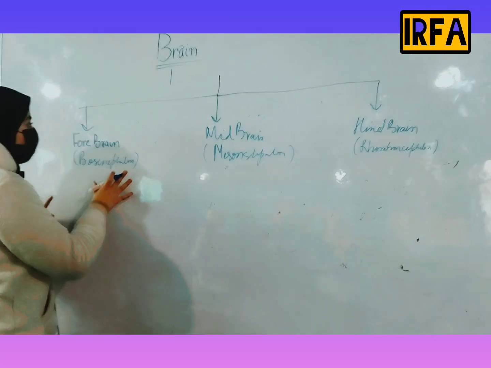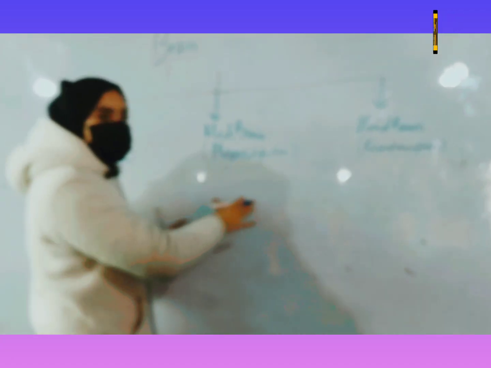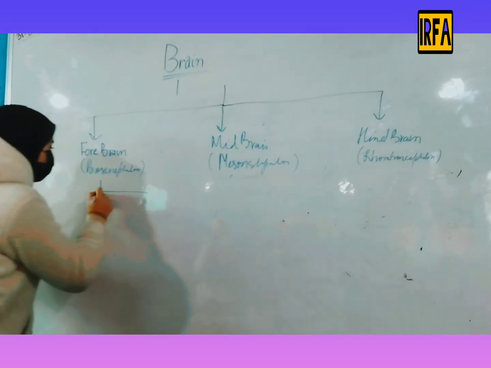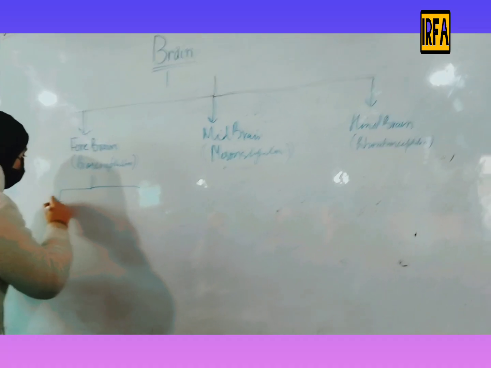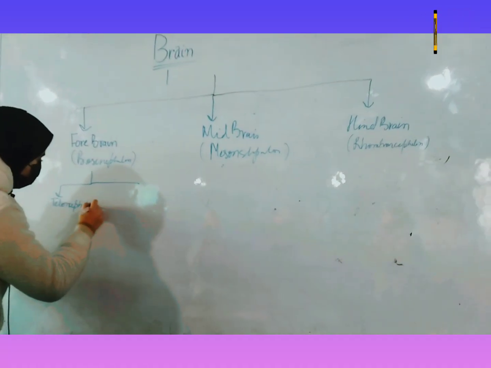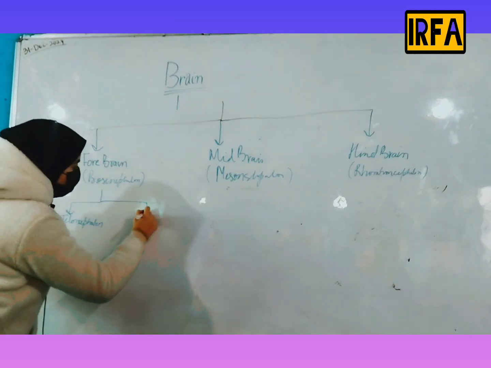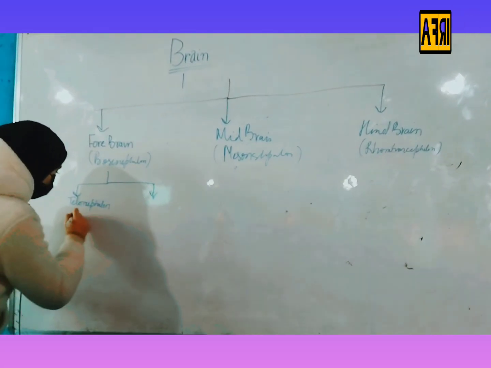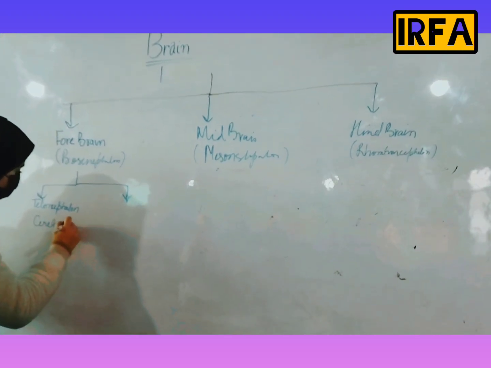Now, what comprises forebrain, midbrain, and hindbrain? Forebrain is divided into 2 things, that is telencephalon, which comprises cerebrum.